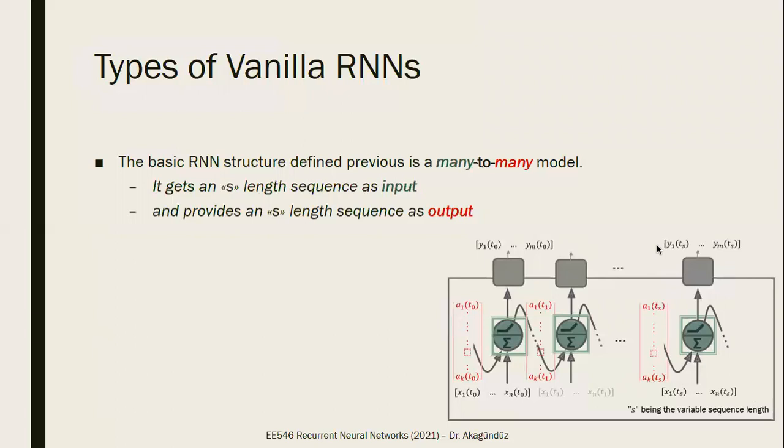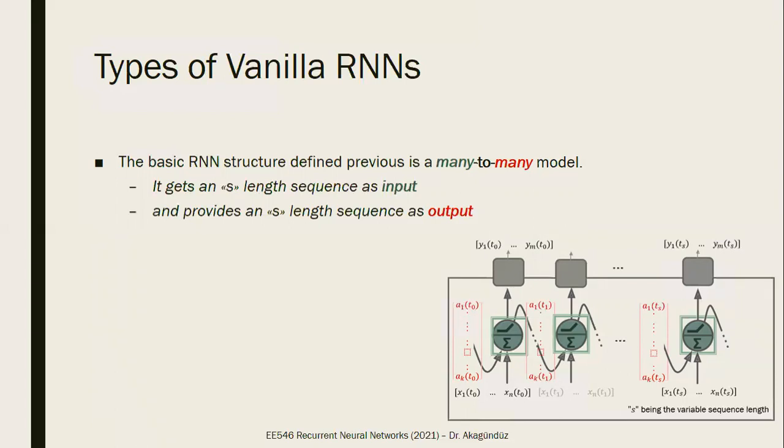That's not necessarily the case for all applications of RNNs. However, by very simple changes, you can create different types of vanilla RNNs. And actually, the types of vanilla RNNs you can create will correspond to different types of sequence problems we have seen in the previous week.